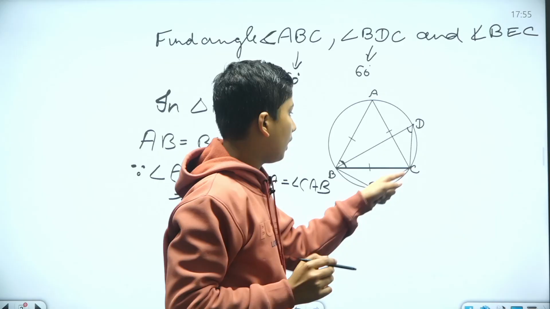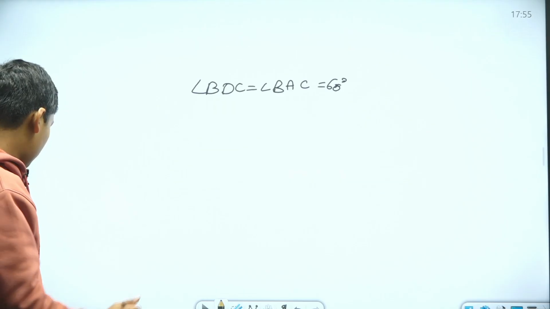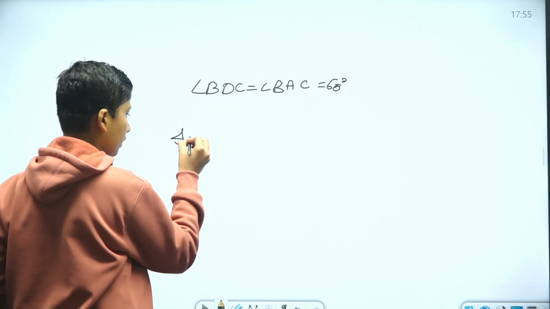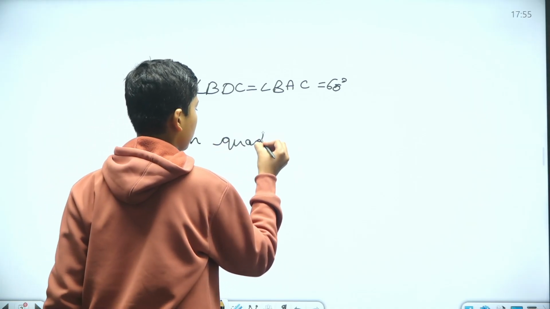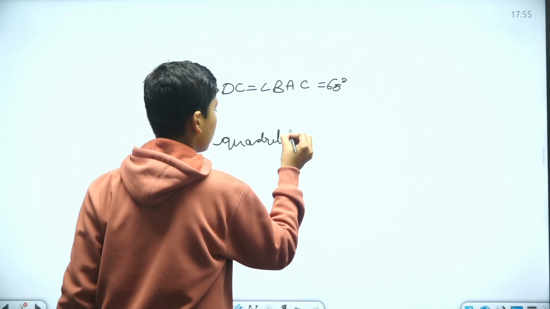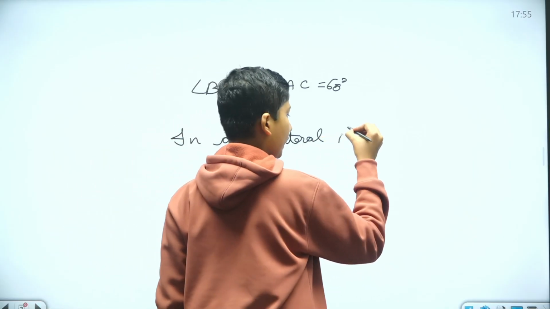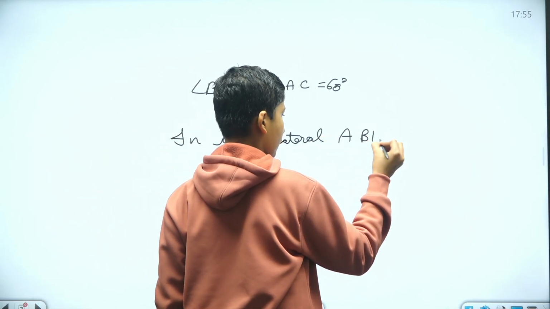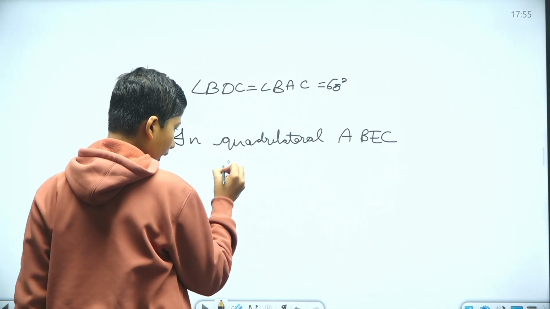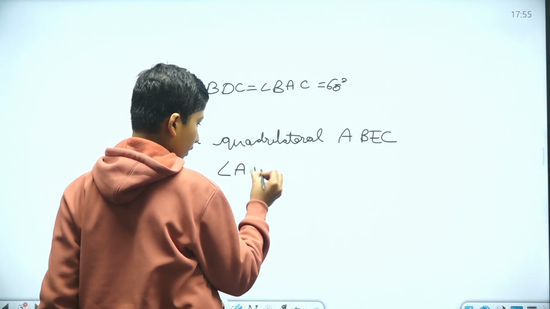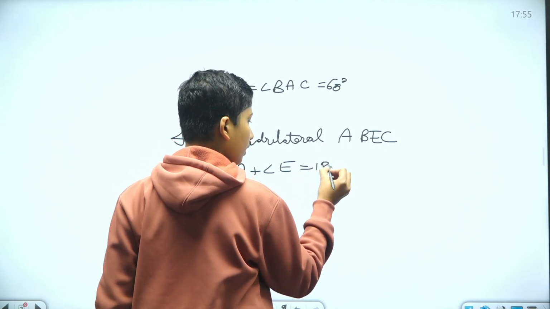Angle BEC. How? Firstly, we will write in quadrilateral ABEC. This was a quadrilateral. Angle A plus angle E equal to 180 degree.